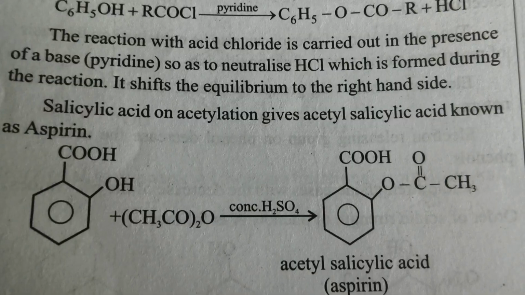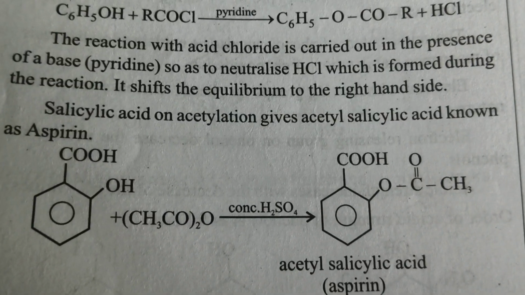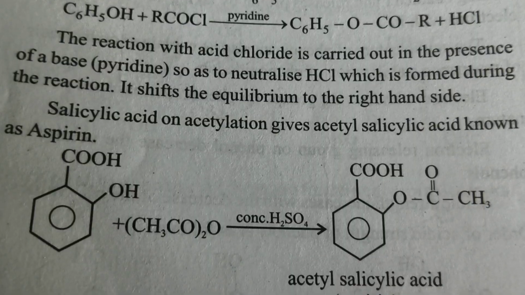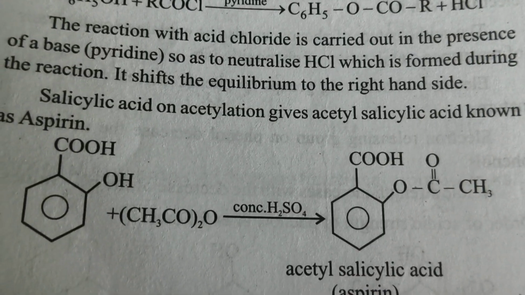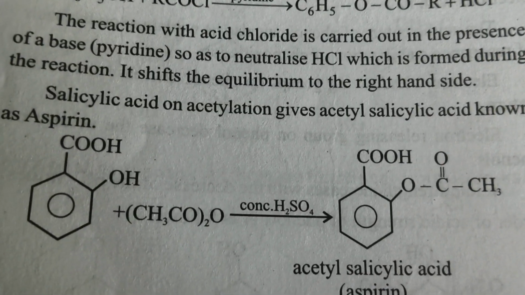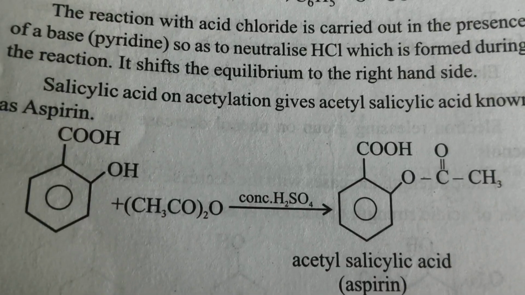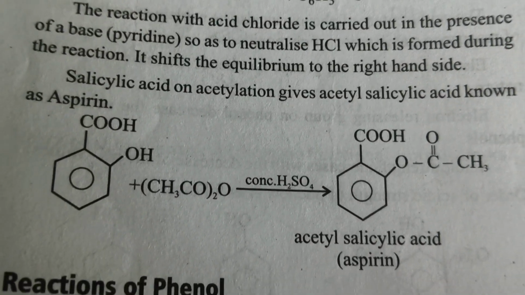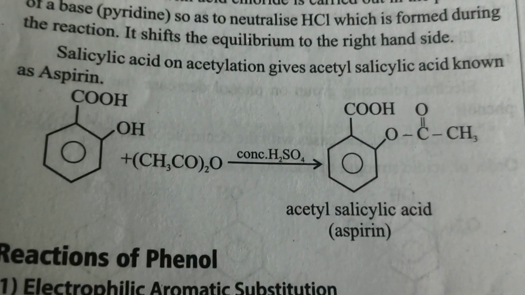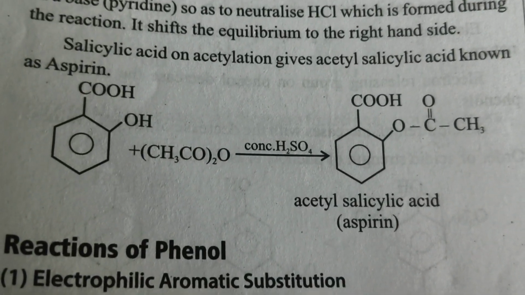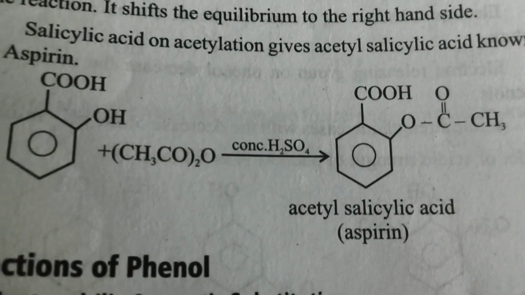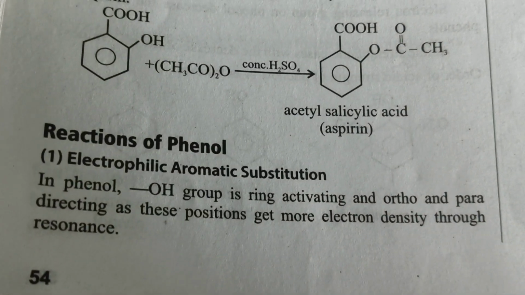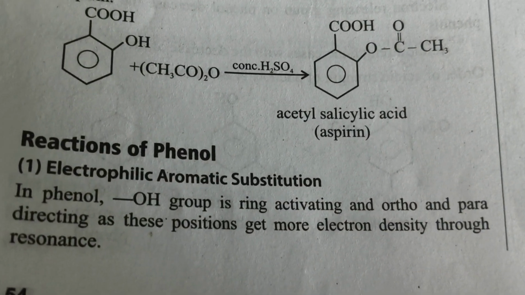Reaction with acid chloride is carried out in the presence of a base so as to neutralize the HCl which is formed during the reaction. It shifts the equilibrium to the right hand side. Salicylic acid on acetylation gives acetylsalicylic acid, known as aspirin. Acetylsalicylic acid, aspirin.